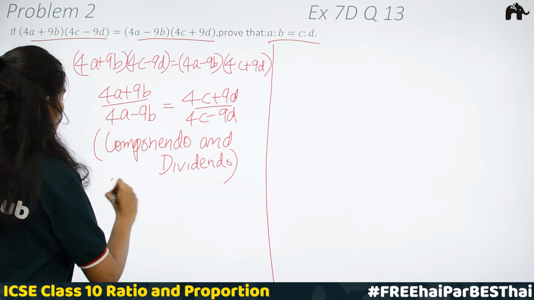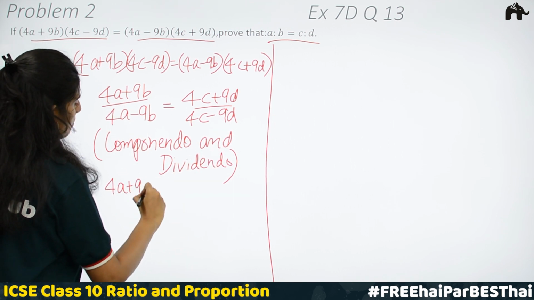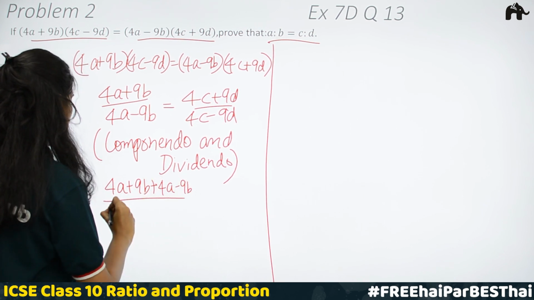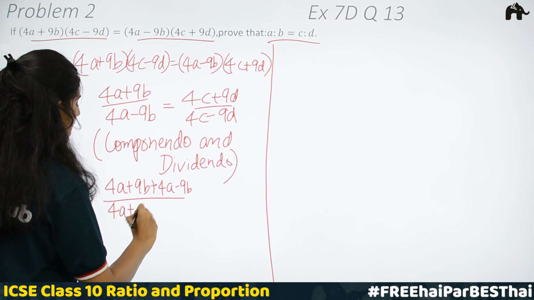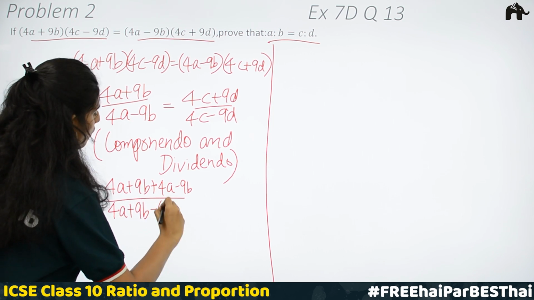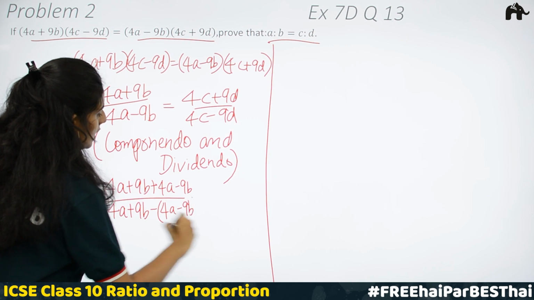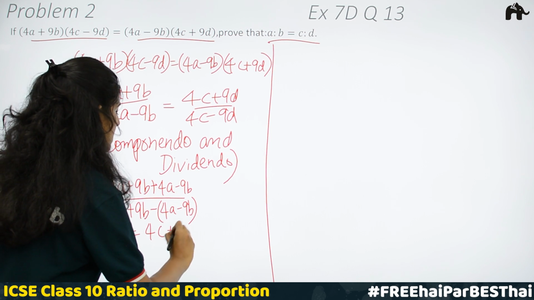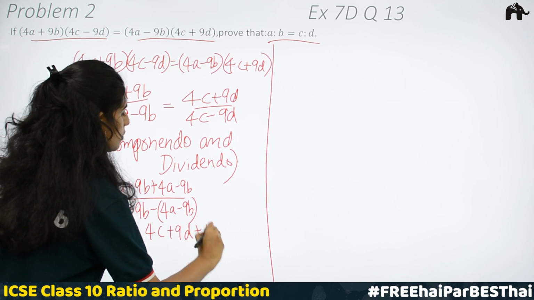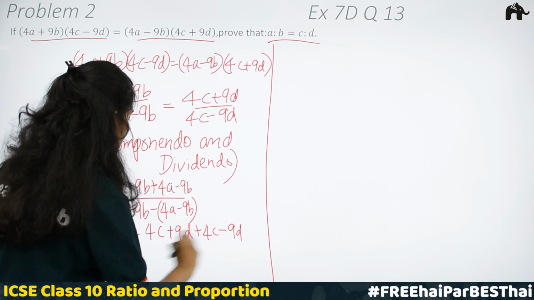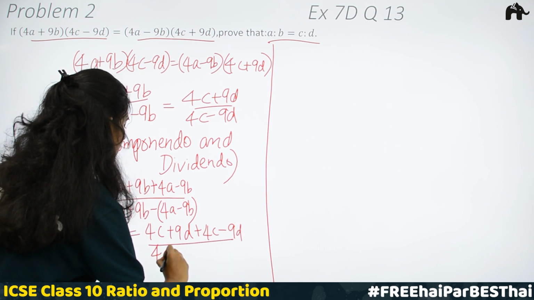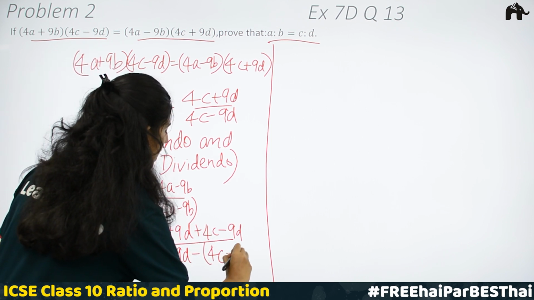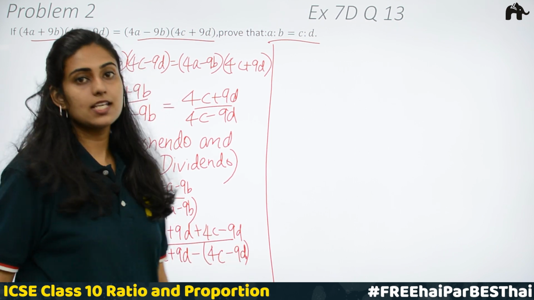This becomes (4a + 9b + 4a − 9b) divided by (4a + 9b − (4a − 9b)), that is equal to, opposite side, (4c + 9d + 4c − 9d) divided by (4c + 9d − (4c − 9d)). Now we will remove these brackets.